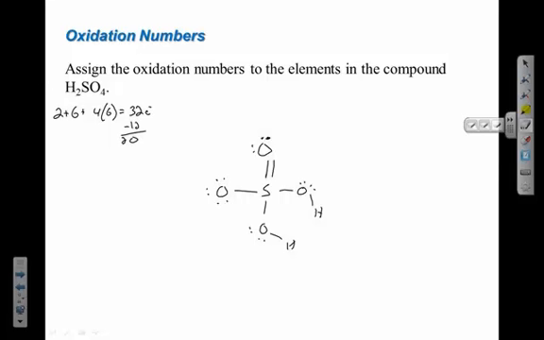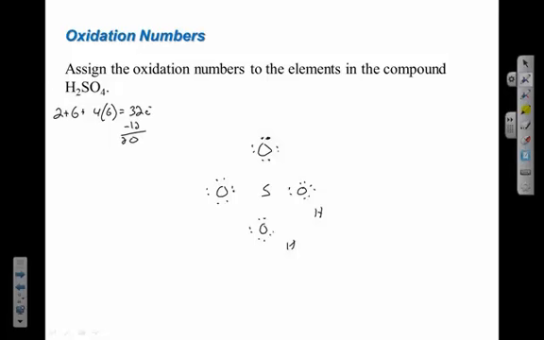So once I have my Lewis structure, then I want to split up the shared electrons toward whatever the more electronegative atom is. So between sulfur and oxygen, oxygen is more electronegative. So I split all the shared electrons between those two to the oxygen. And between hydrogen and oxygen, oxygen is more electronegative. So I'll put all those on the oxygen.